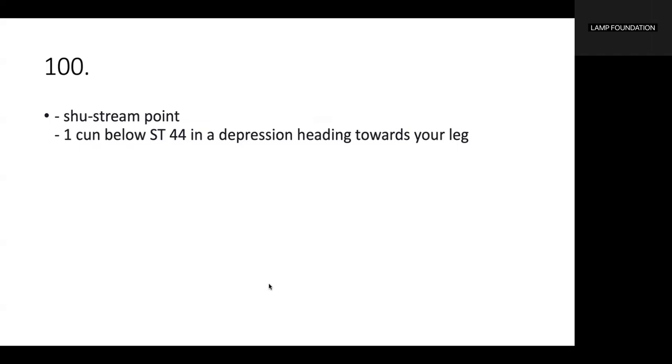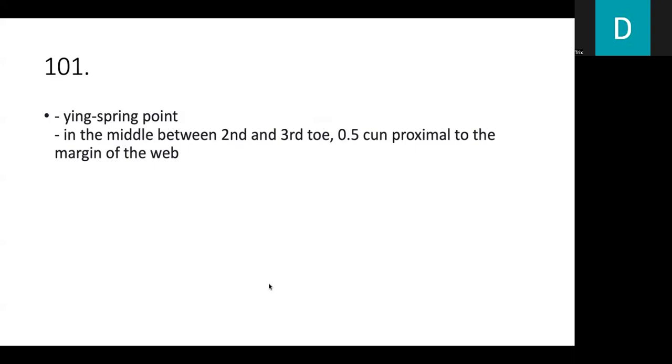And finally, the shoestring point, 1 tsun below stomach 44, in a depression heading towards your leg. Stomach 43.